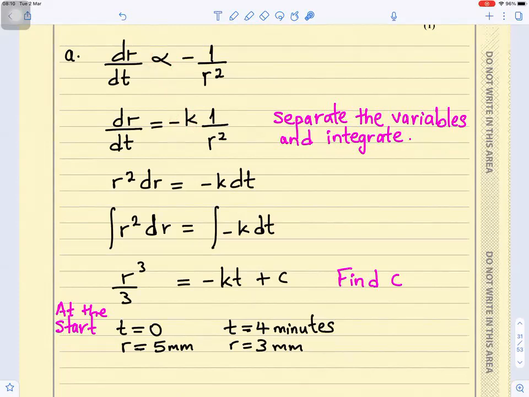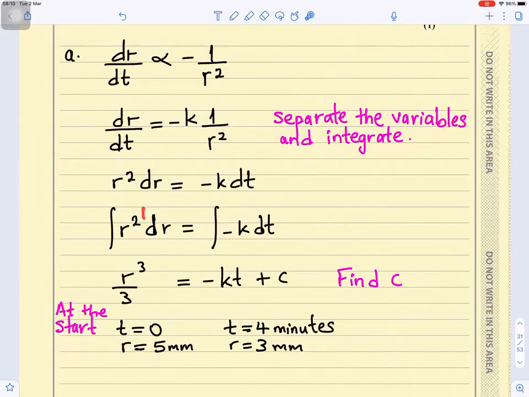To separate the variables, we take r squared to the left, so it becomes r squared dr, and take dt to the right, so it becomes minus k dt. Then we integrate both sides: the integral of r squared dr equals the integral of minus k dt.